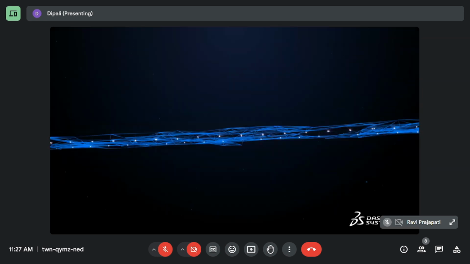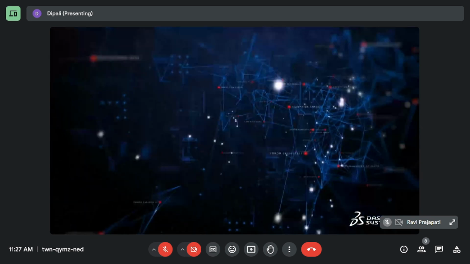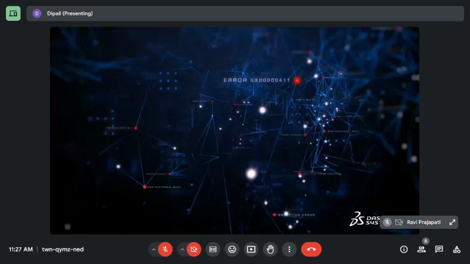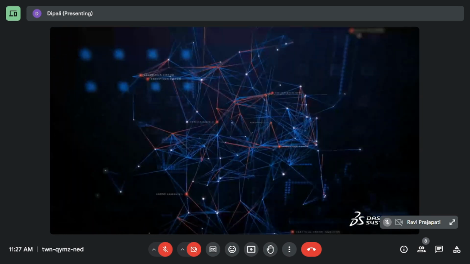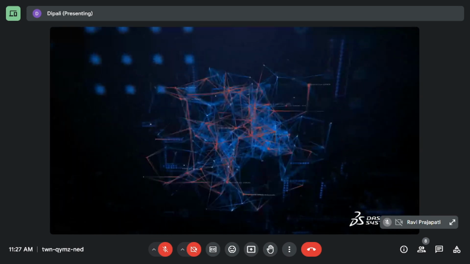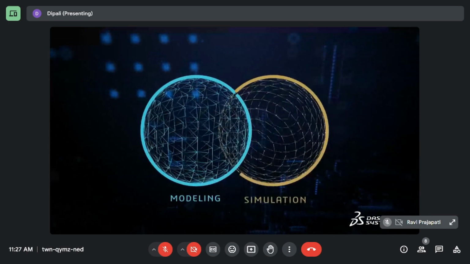Product development is not linear. Ideas emerge and issues arise during the journey from idea to finished product. These detours can impact both your timeline and your bottom line. How do you fix this? Through the real-time union of modeling and simulation.